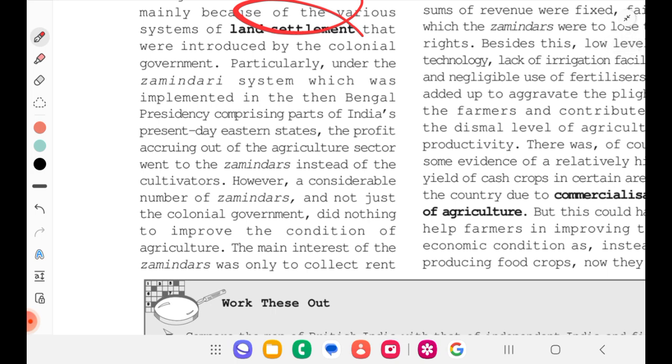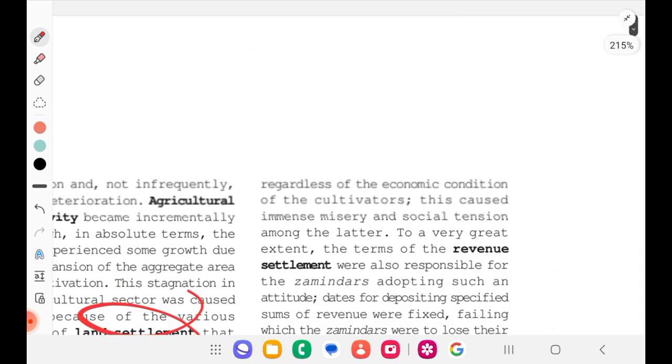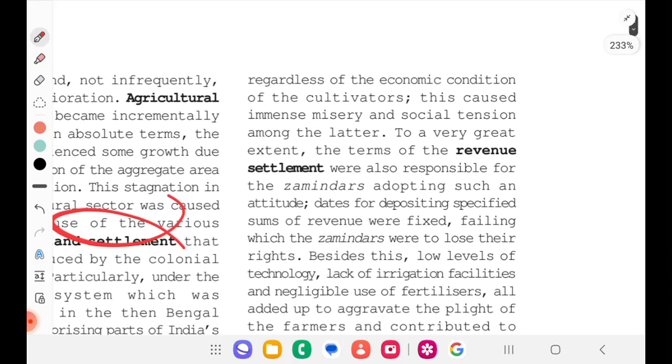However, a considerable number of zamindars, and not just the colonial government, did nothing to improve the condition of agriculture. The main interest of the zamindar was only to collect rent, regardless of the economic condition of the cultivators. This caused immense misery and social tension among the latter.